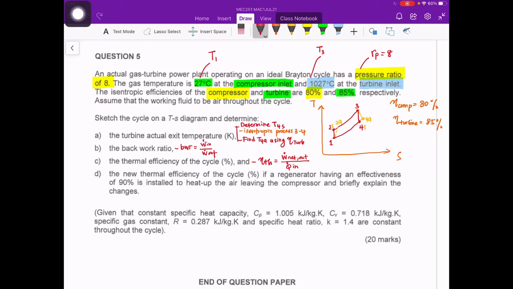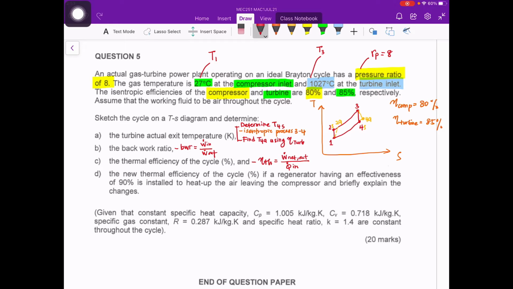Next will be the backwork ratio, or in short BWR, which is given by power input divided by the power output. Both power input and power output can be expressed from the steady flow energy equation. Item C is to determine the thermal efficiency of the cycle in percentage.